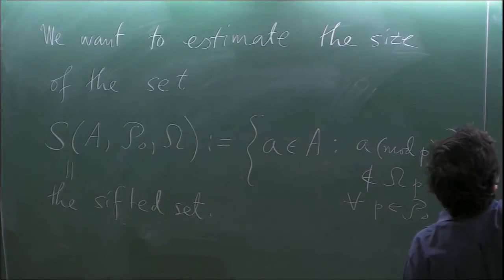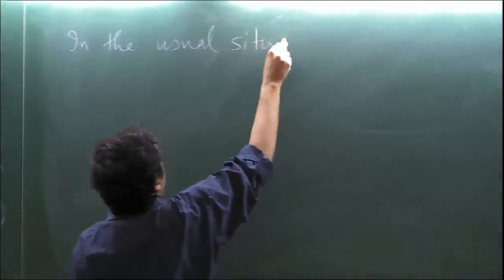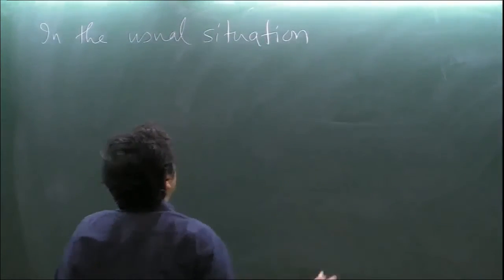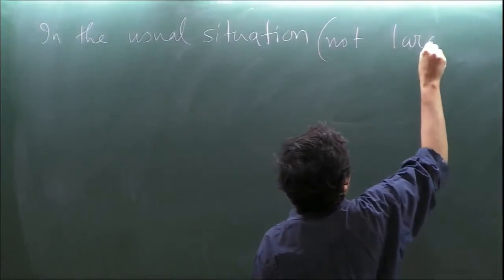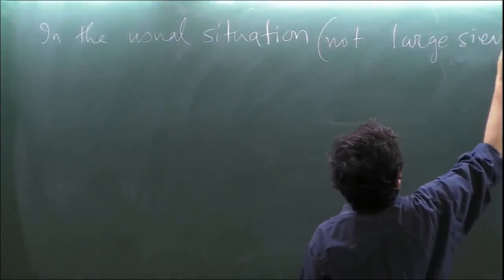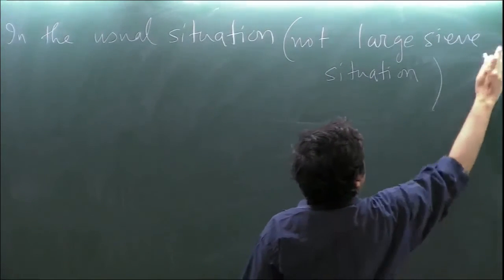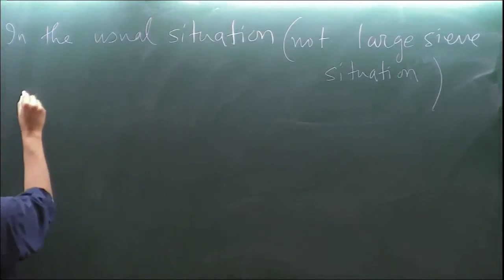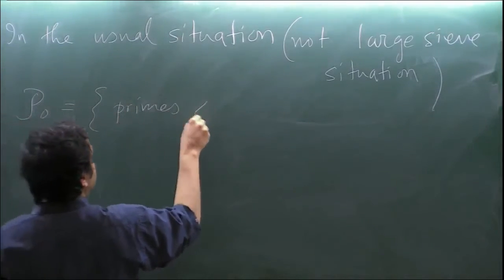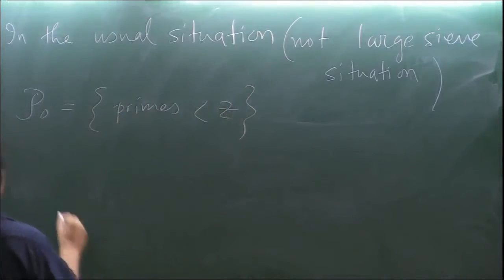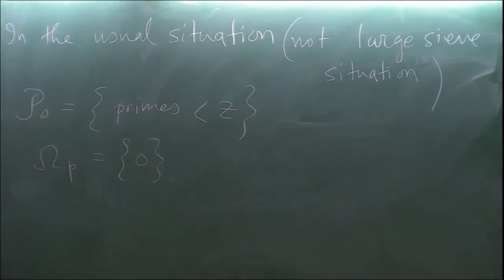So in the usual situation, which means not large sieve situation, P naught I can take to be the set of primes smaller than z, and omega p to be just a singleton 0.